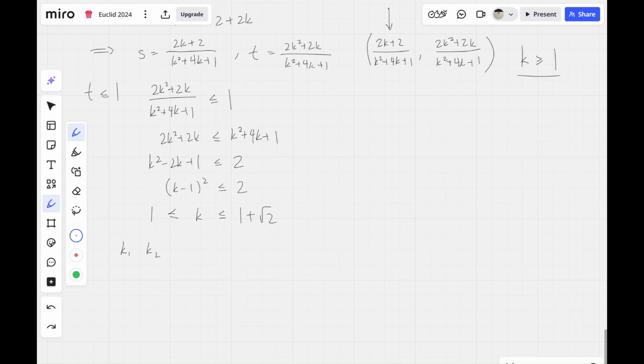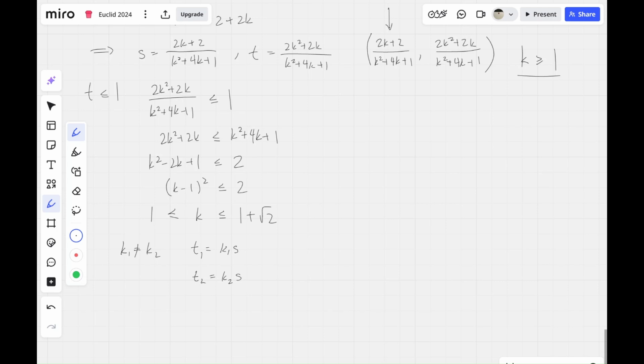Now, if the s values are equal, but k1 and k2 are distinct, then t1 will be k1 s, and t2 will be equal to k2 s.